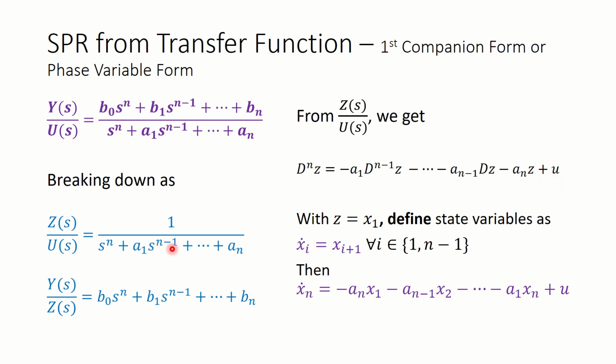So we take this side and do some algebraic manipulation, taking all the terms other than d^n z to the other side, which gives us this equation. Now we define the state variables. State variables are always defined with x: x1, x2, x3, x4.